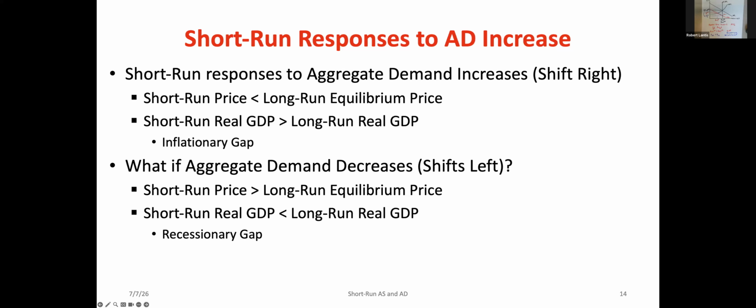On the exam, they're going to ask these questions with words, not a picture. So being able to reproduce these graphs on your own is going to be very helpful. You should know how to draw in aggregate demand increases and decreases, and after that, identify short versus long run equilibrium prices and GDP.